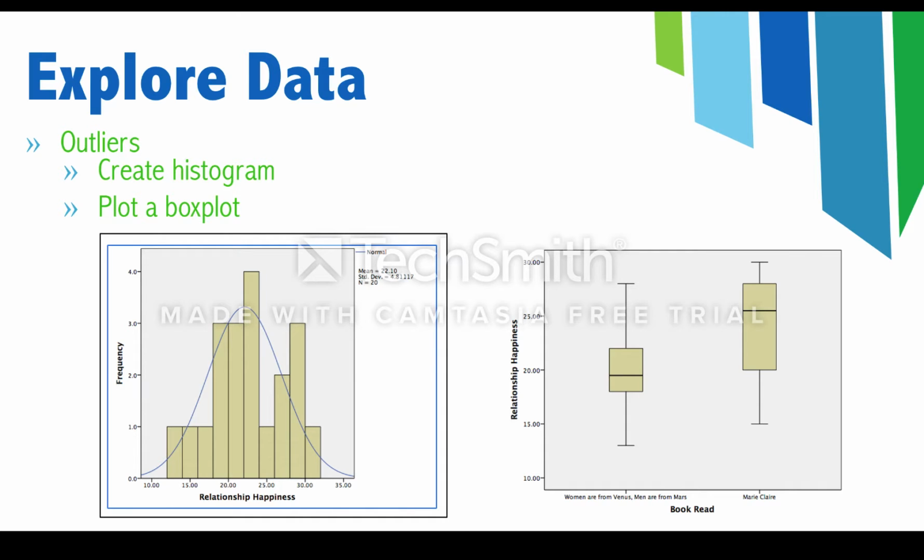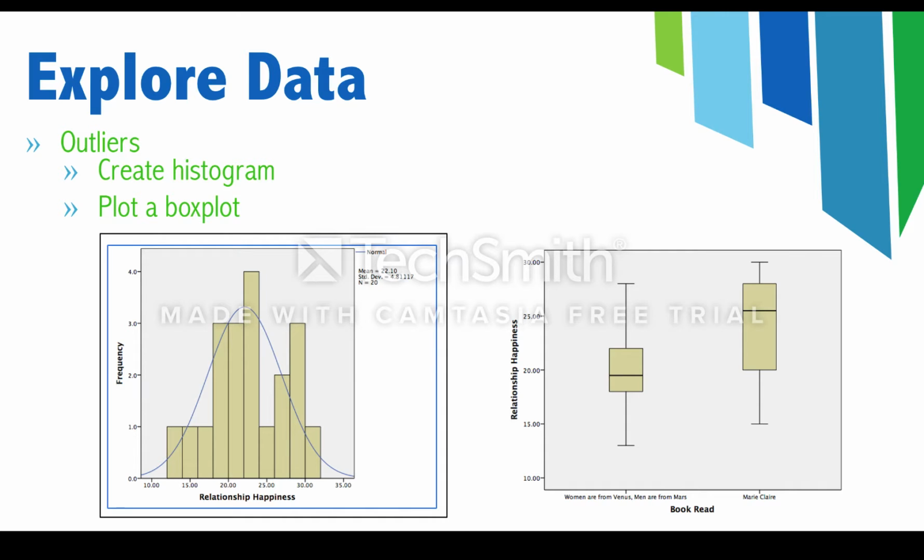Outliers are more important to consider when you have smaller sample sizes, as the effect of the outlier will be greater. Therefore, in this example, you need to investigate whether relationship happiness has no outliers for each group of the book readers, those reading Marie Claire and those reading Women Are From Venus and Men Are From Mars. You need to look at your box plots to determine whether there are any outliers in any of your groups.